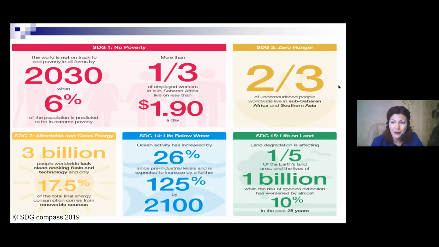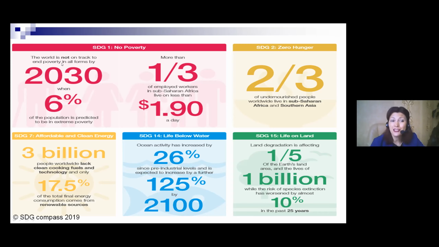And what happened when they were thinking about implementation and reaching the goals, when the sustainable development goal compass measured it, what happened with SDGs in 2019? Unfortunately, you can see that it didn't really work fantastically, but we still have 10 more years to achieve them.